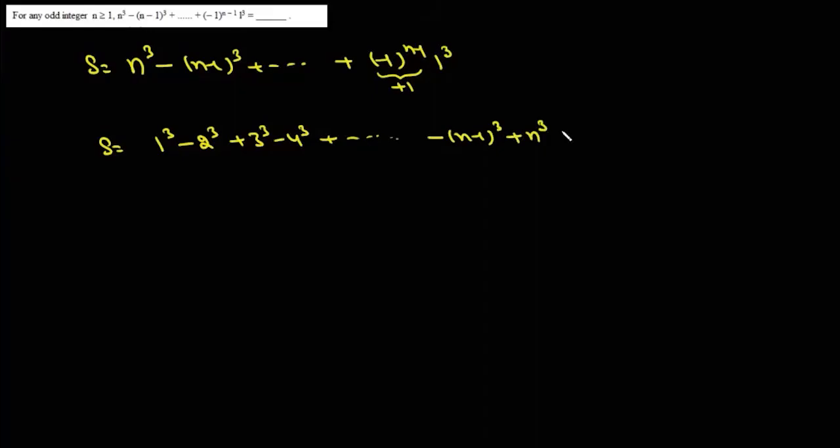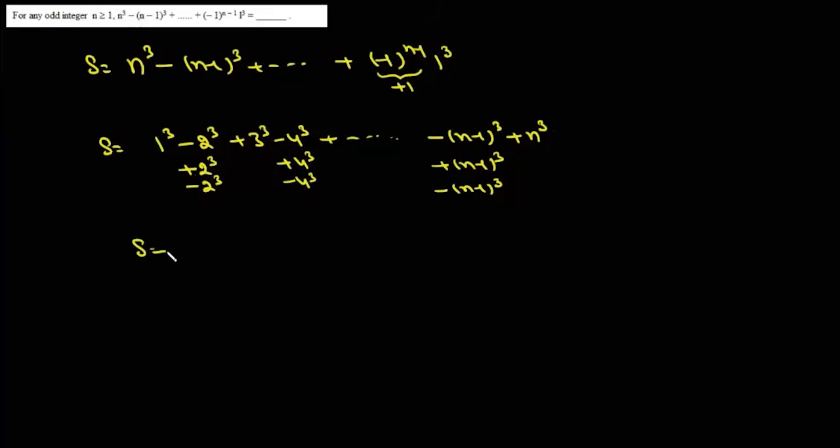Now what we'll do is we'll add 2 cube and we'll also subtract 2 cube. In the same way, we'll add 4 cube and subtract 4 cube, and we'll do it for all the negative terms, up to plus n minus 1 cube and then minus n minus 1 cube. And we'll take all the positive terms together.